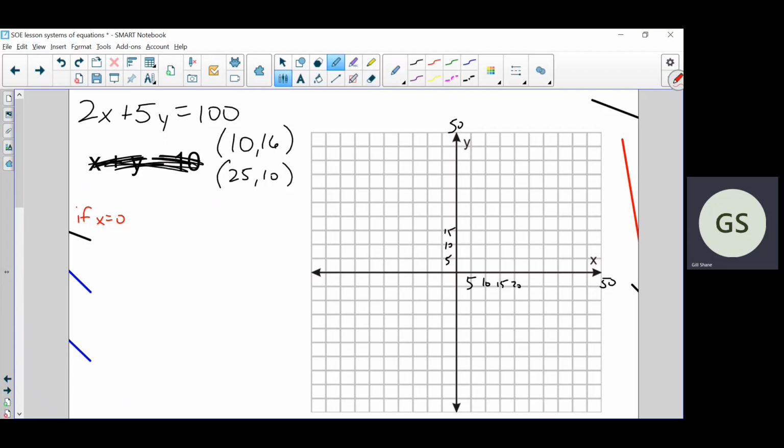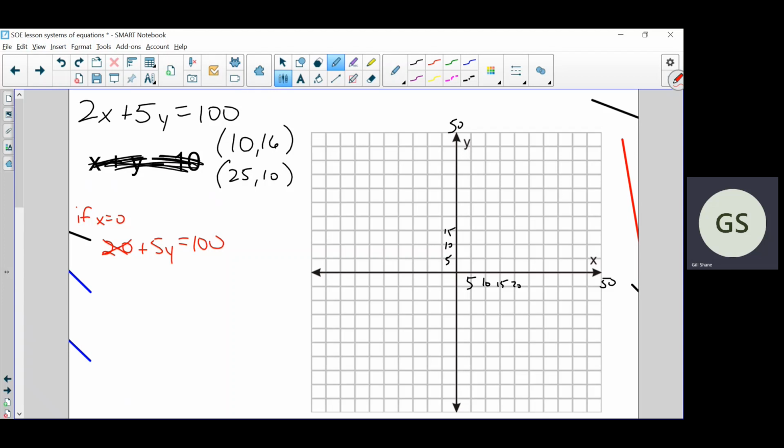Because I'm going to say 2 times 0. I'm still going to have the plus 5y equals 100. Well, that first term is just going to go away. Anything times 0 is going to go away. That's why we choose 0 when we do this. It's going to make one of the terms just go away. So my x is going to be 0, and I just need to solve and find out what y is.